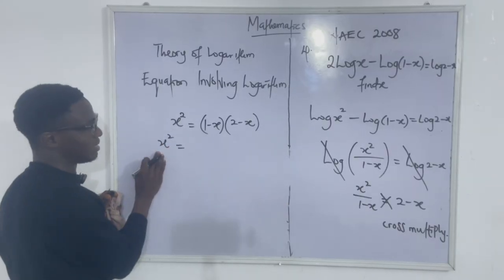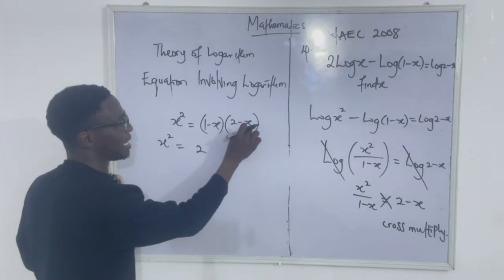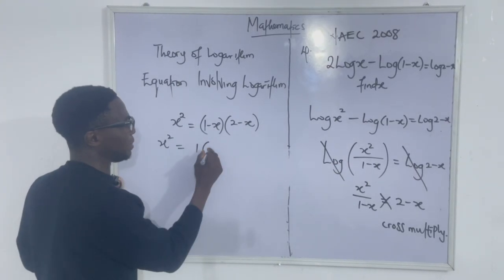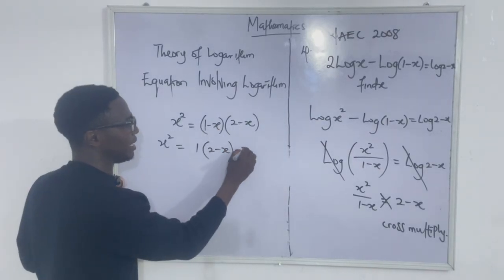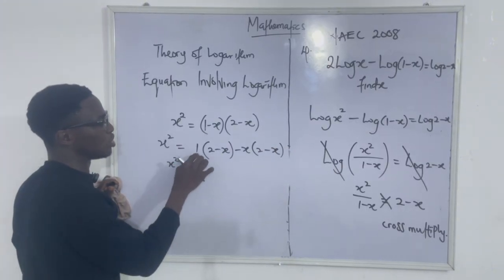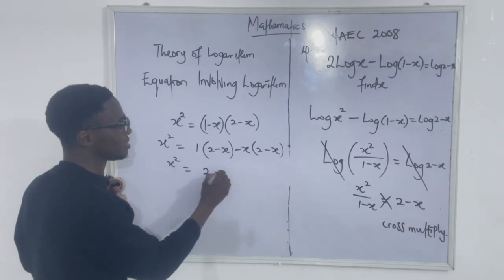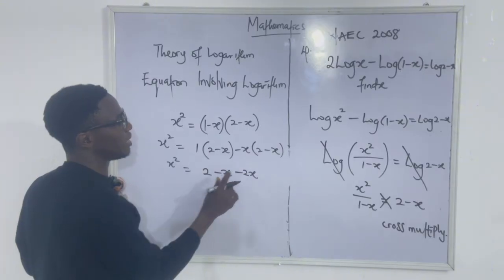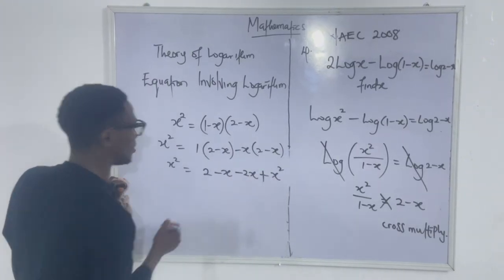So x squared, right hand side, 1 times 2, 2, 1 times minus, okay, let's expand. 1 into, this one we multiply this 2 minus x. So this minus x also we multiply 2 minus x. So x squared equals to, let's open the bracket, 1 times 2, 2, 1 times minus x, minus x, minus x times 2, minus 2x, minus times minus plus, x times x, x squared.